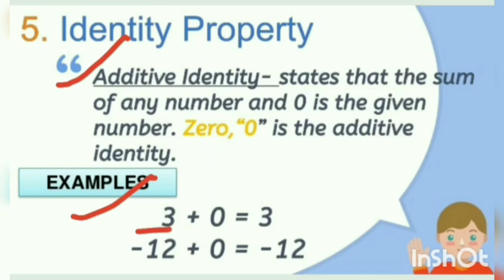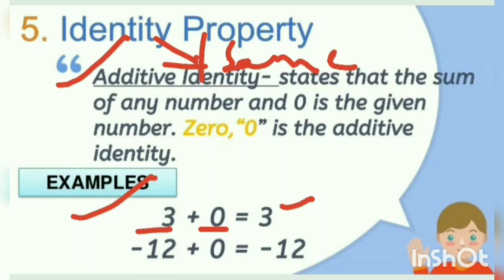Suppose here 3 is given, which is the given number, and we want the same number. Identity means same. We want the same number. So what should be added? 0. We will add 0 to get the same number. Same in the second example, the given number is -12.